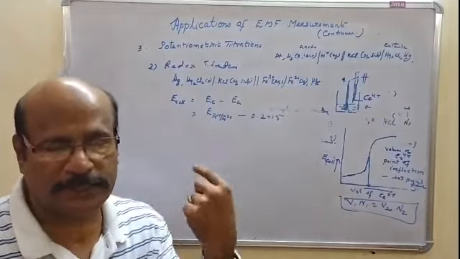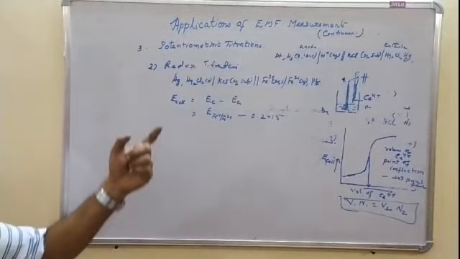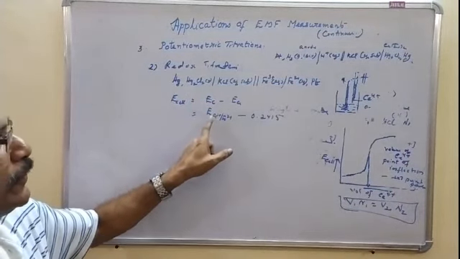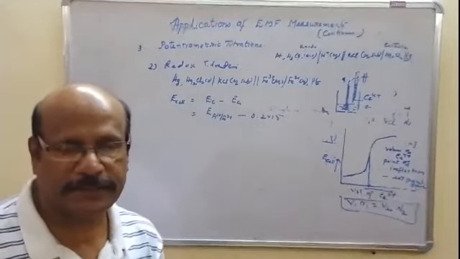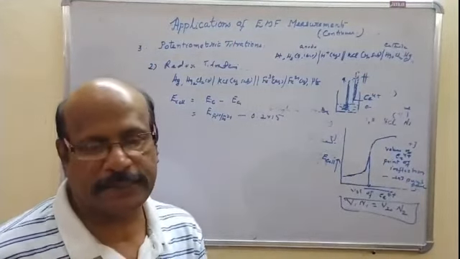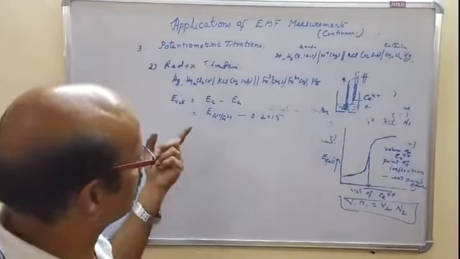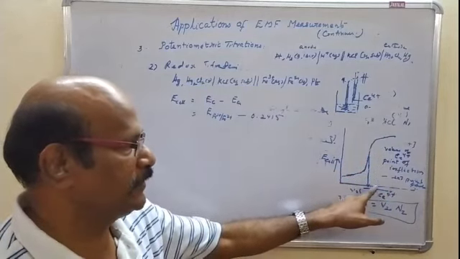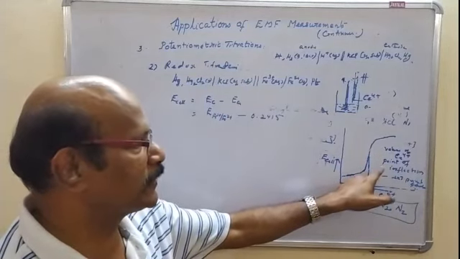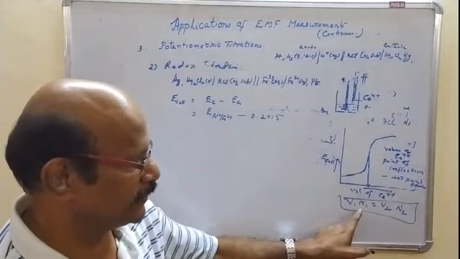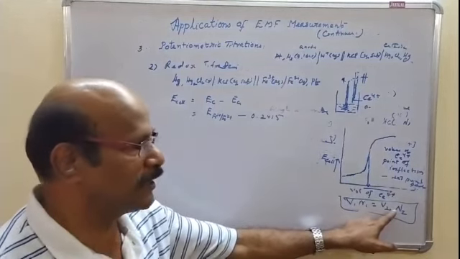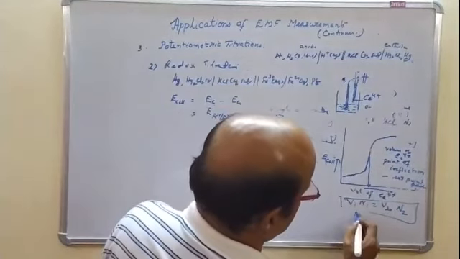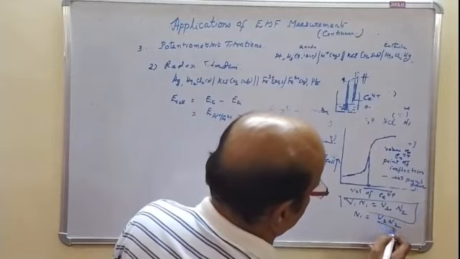The whole assembly is connected to a calomel electrode, with the calomel electrode acting as the anode and the redox system as the cathode. As the titration progresses, the EMF of the cell goes on increasing, and at the end point there is a sudden change in potential by a small addition of titrant. The volume at the point of inflection is the end point, from which we can calculate the strength of one solution by knowing the strength of the other. V1 N1 equals V2 N2, therefore N1 equals V2 N2 by V1.